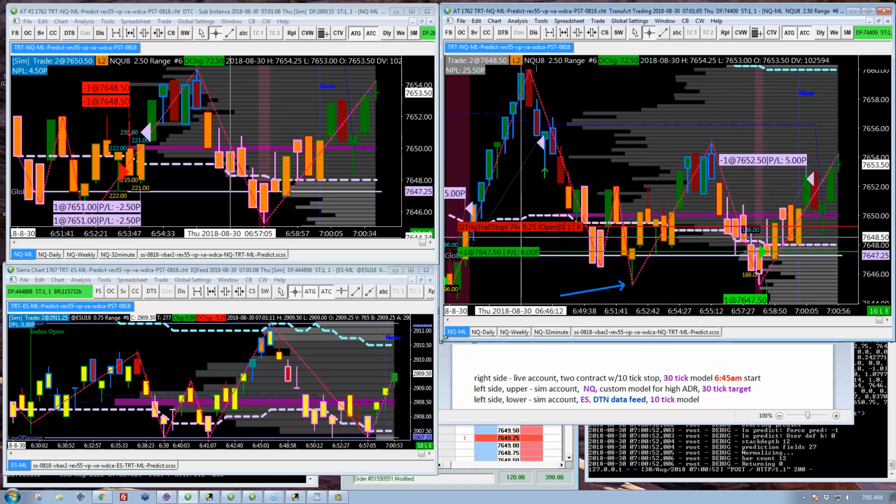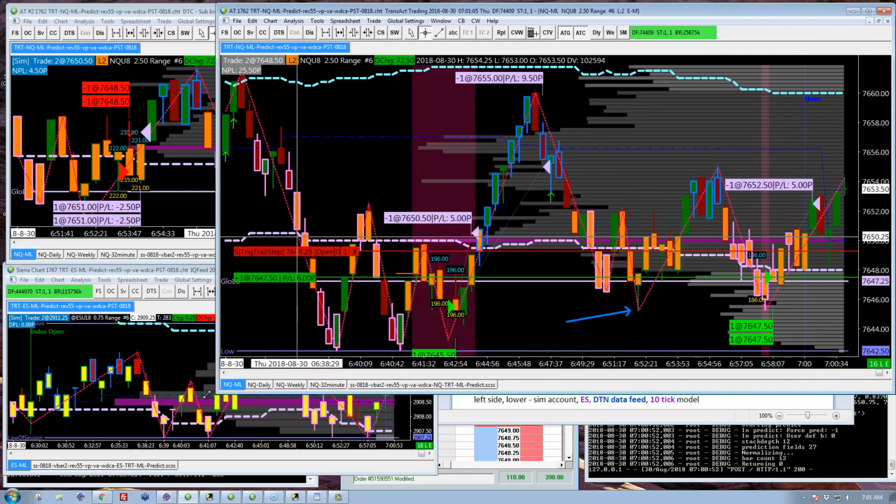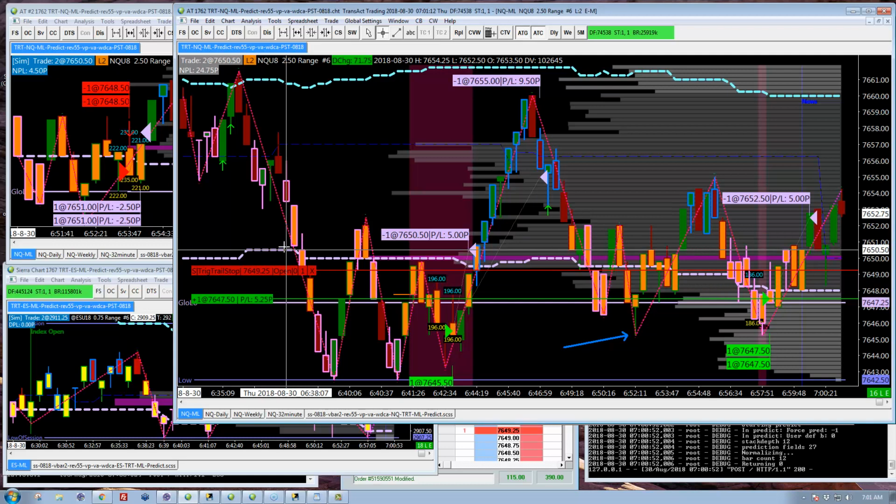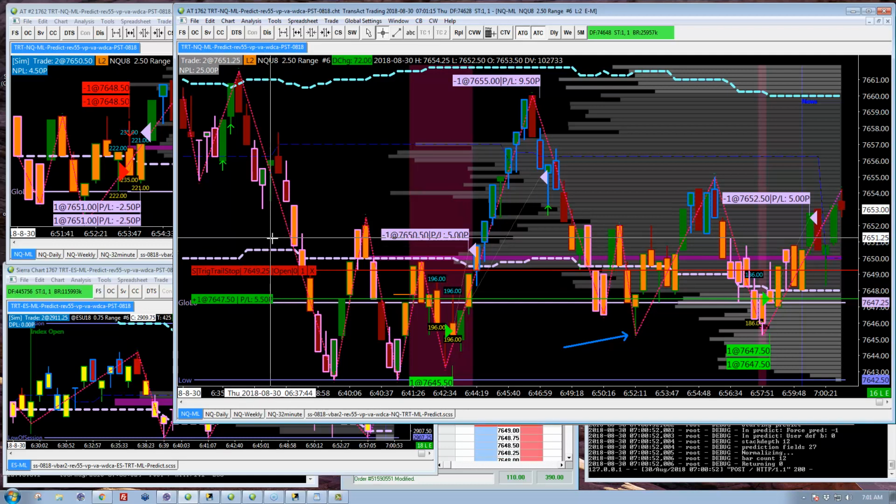Make this bigger. The blackout is 2 minutes before and 2 minutes after the top of the hour.